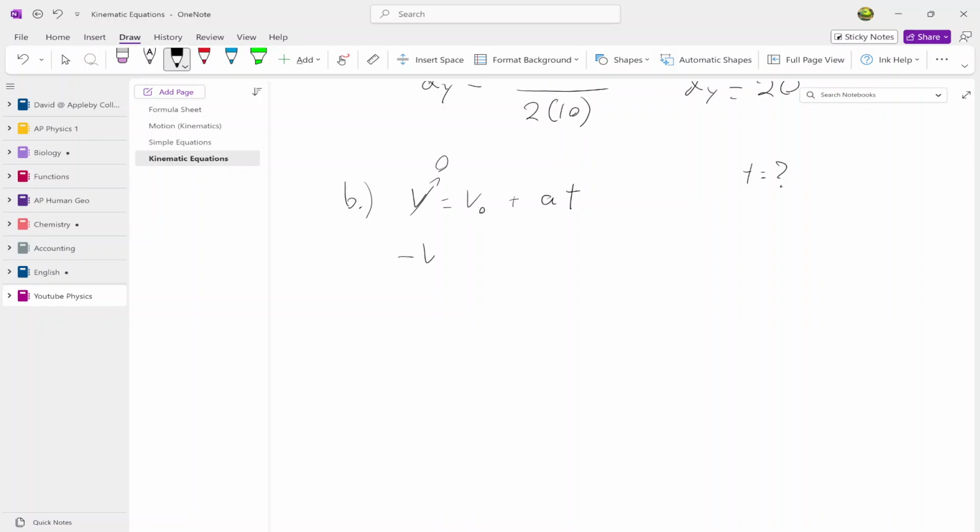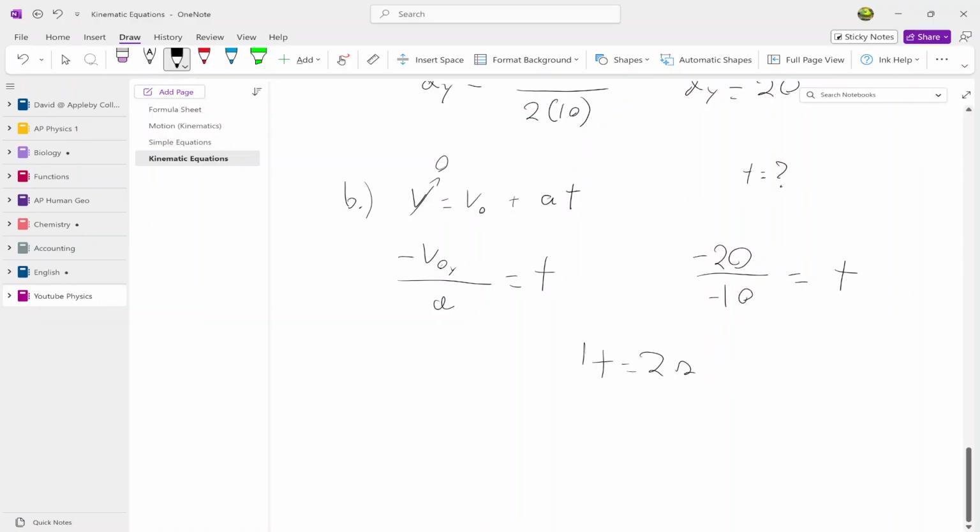So then we have negative VO, y obviously, divided by a equals t. So negative 20 divided by negative 10, sorry, there we go, t equals 2 seconds. Oh, okay, so that makes more sense.